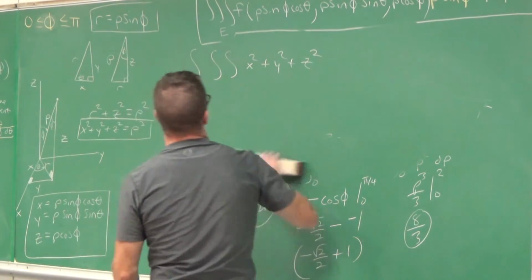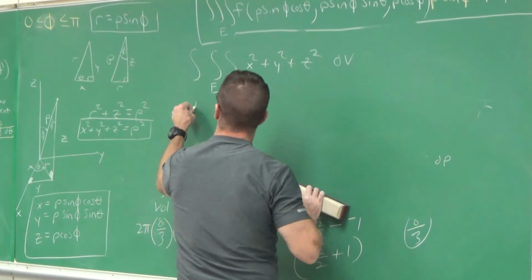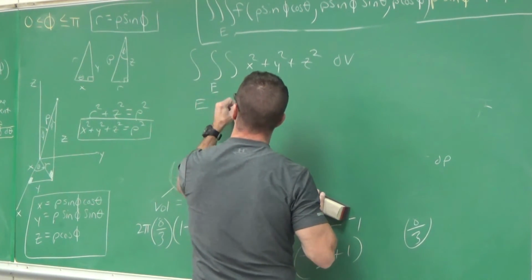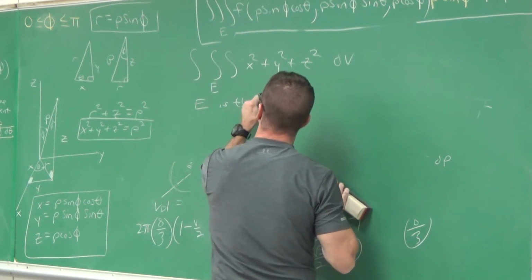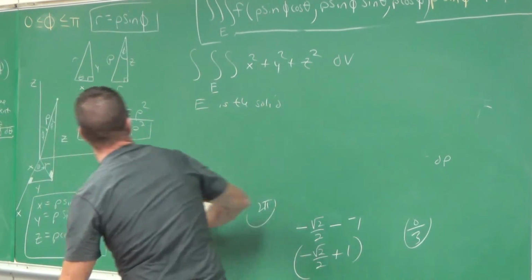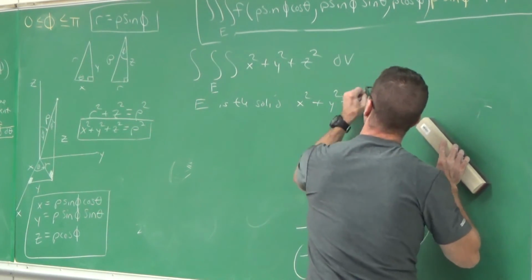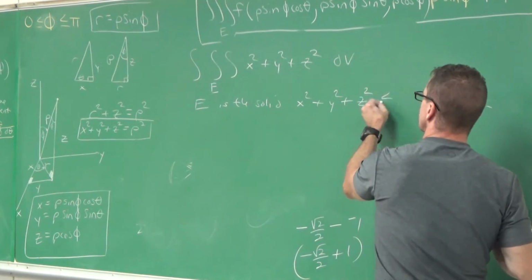Where E is the solid. If it's a solid, they have to use an inequality: x squared plus y squared plus z squared less than or equal to 1.